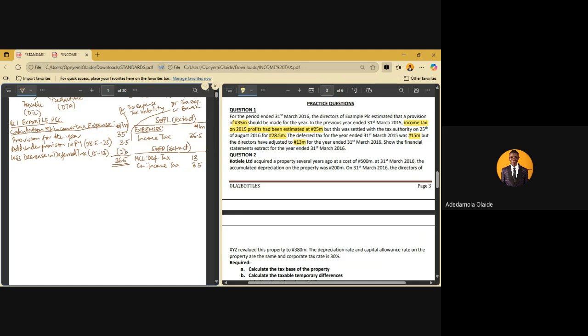And for the deferred tax, the double entry would have been to debit deferred tax liability account and credit tax expense account. Do we understand?